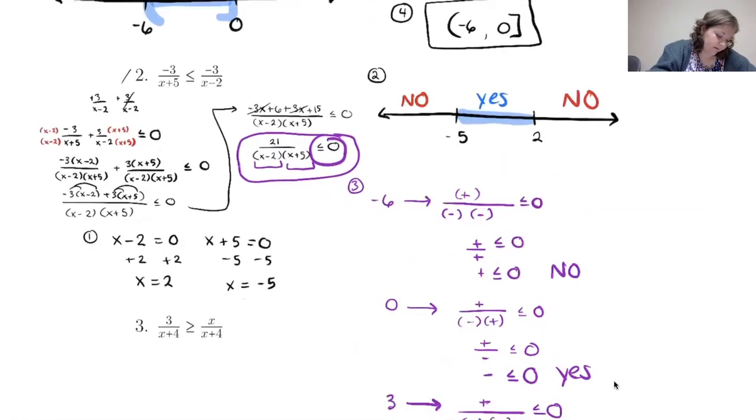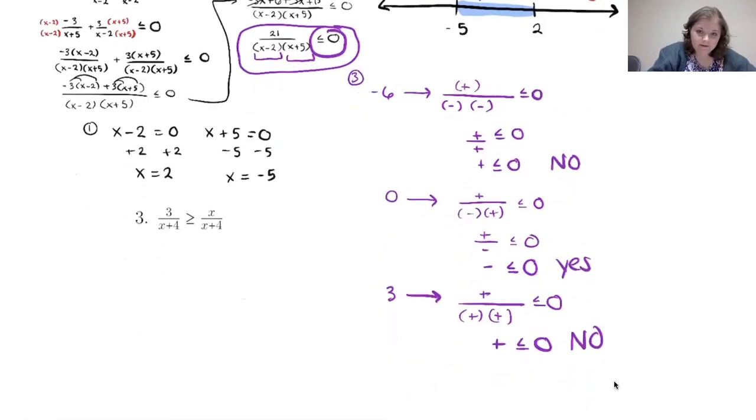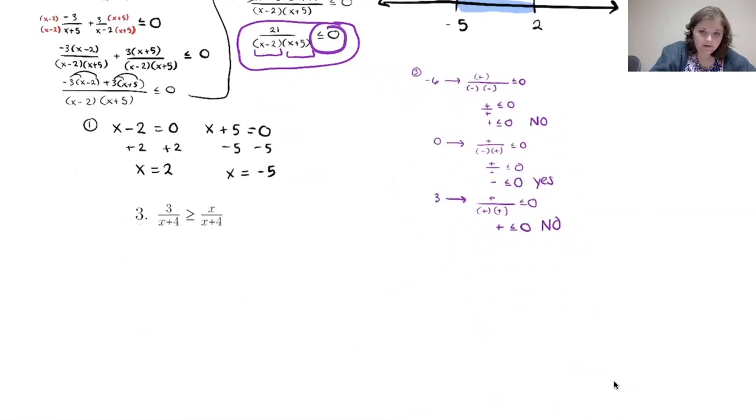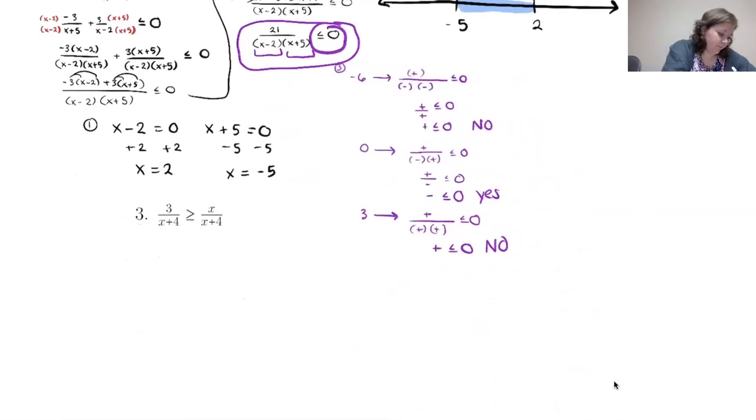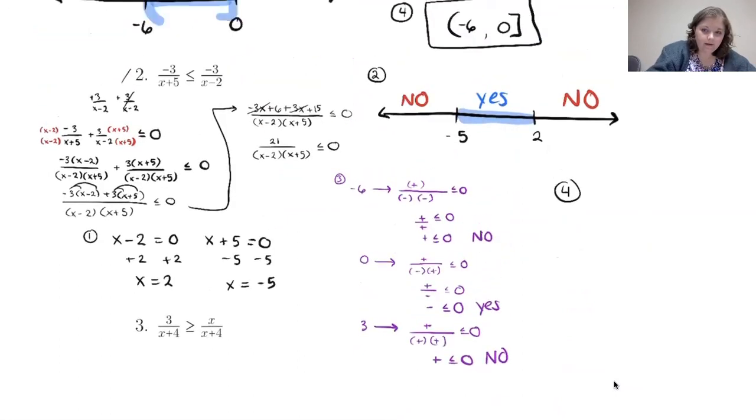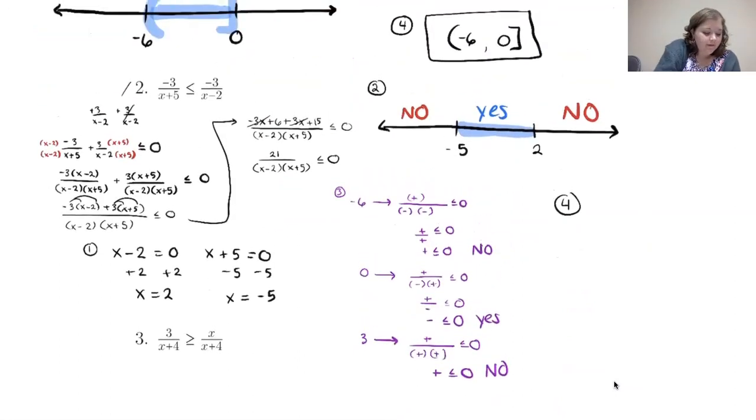All right, so now we've got those, and I'm going to make step 3 a little smaller and give some room for step 4. And I'm going to have to do step 4 off to the side over here. So in step 4, we need to figure out whether we're using brackets or parentheses. So if we think about -5, -5 came from the bottom of the fraction when we plugged this x plus 5 and said equal to 0.